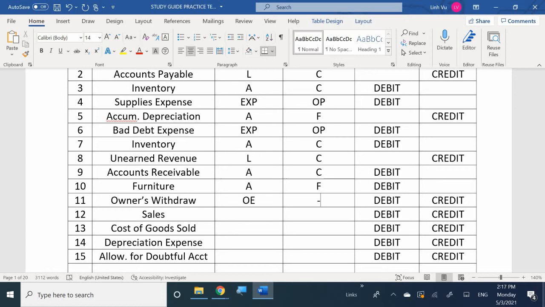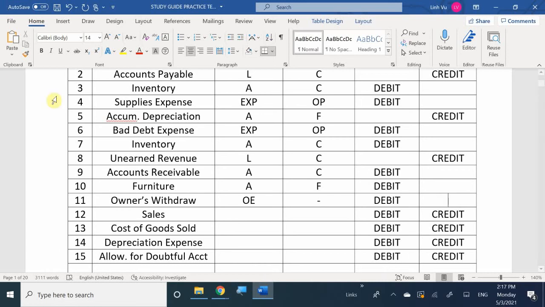Credit? That's what I thought, but it's a debit. It's going to decrease your equity account. In the accounting model, equity is increased with a credit. In this case, it's decreasing it, so it has to be a debit balance.